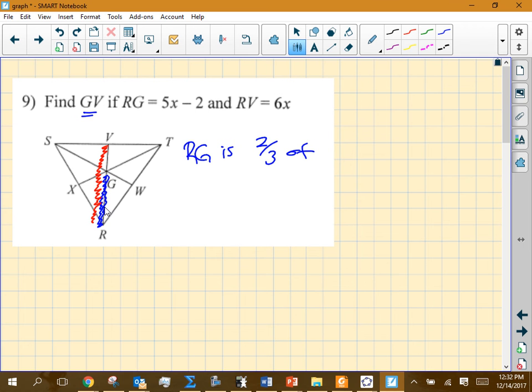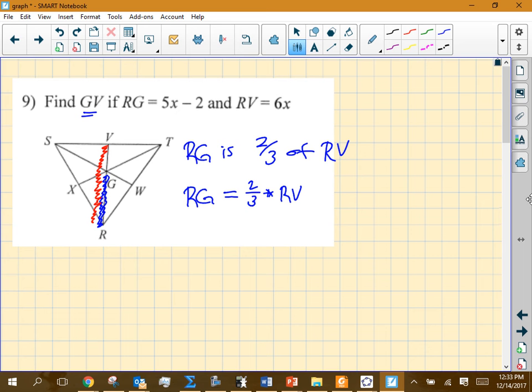The blue one's 2/3 of RV. 2/3 of the red one. Good. So now if I convert that into algebra, RG is 2/3 of RV.